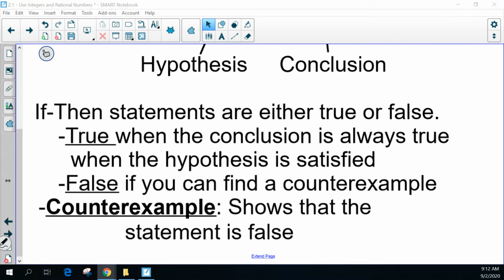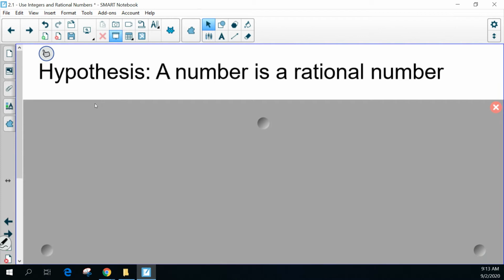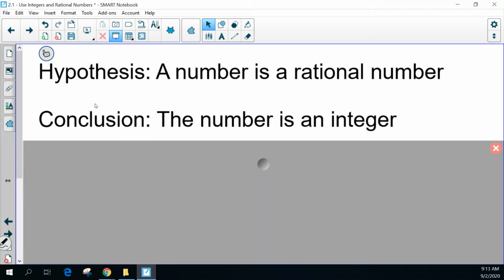Okay, so now let's look at some math examples of if-then statements. So here's your hypothesis. A number, you don't really have to write these, just pay attention. A number is a rational number. So think about that. If I tell you a number is a rational number, then the number is an integer.